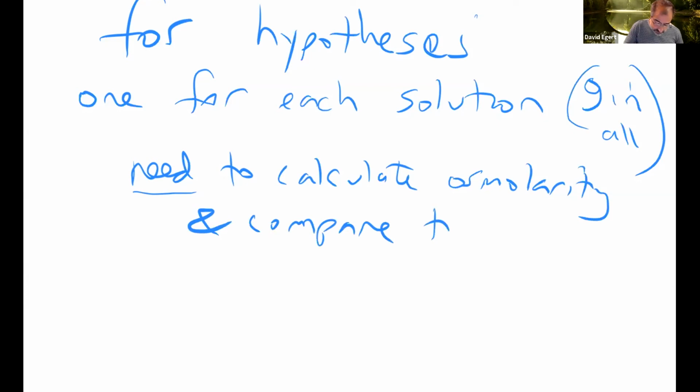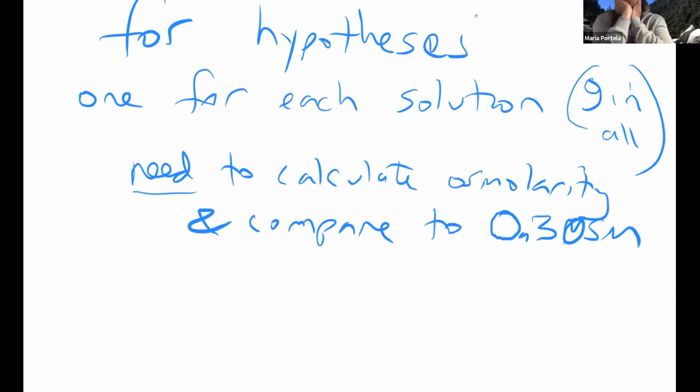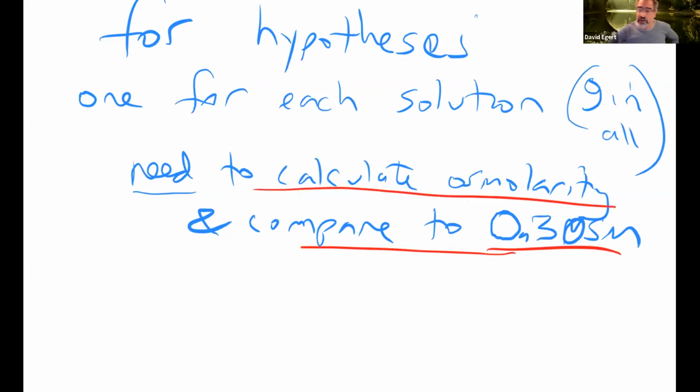Compare to what? The red blood cell, which is 0.3. Right. You're going to have to figure out the osmolarity of the solution and whether it is hypoosmotic or isoosmotic or hyperosmotic. What is the one other thing we need to pay attention to?